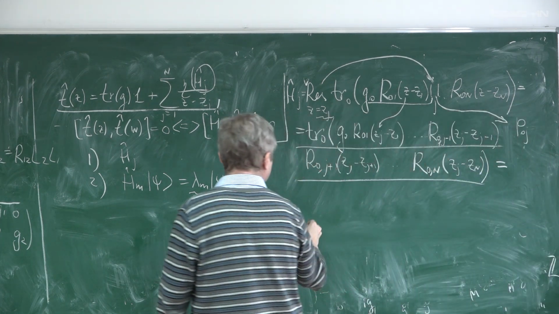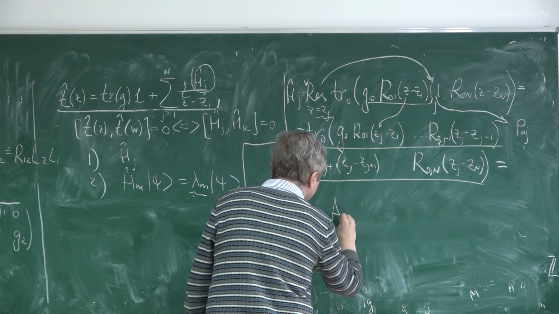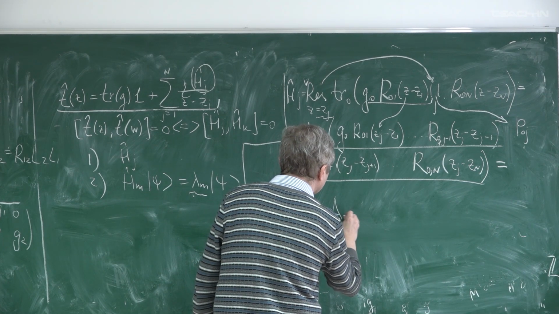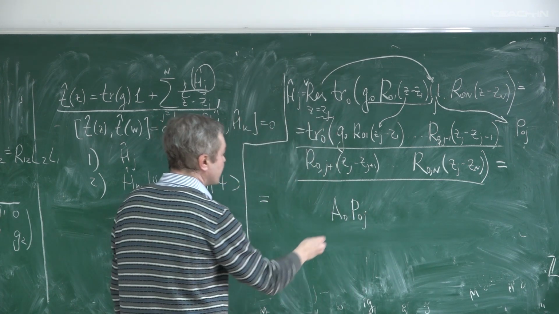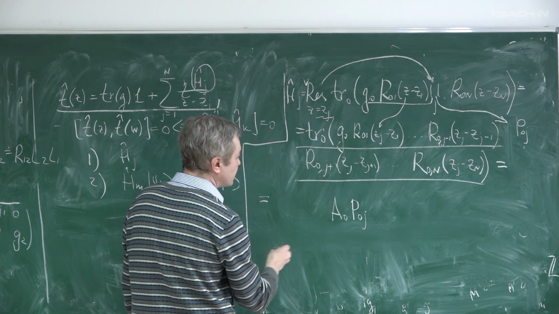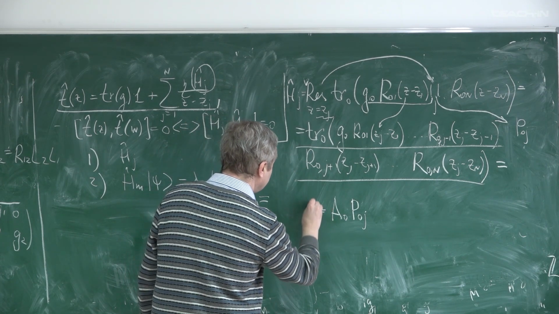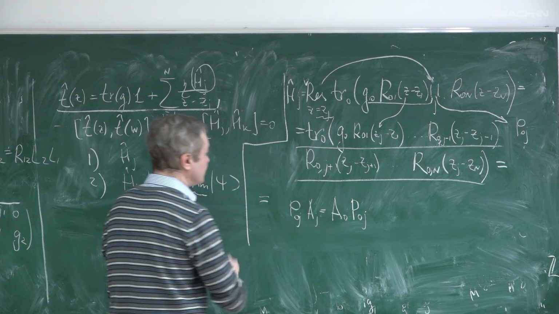If you have some matrix A in the zeroth component and you multiply it by the permutation operator, then it is equal to A_j times P_0j.